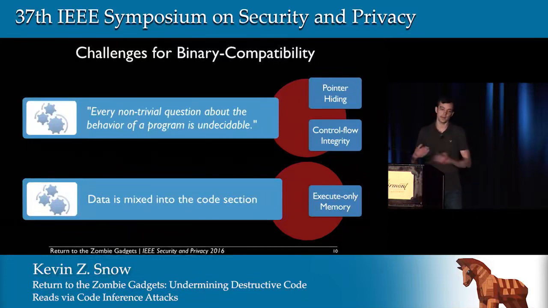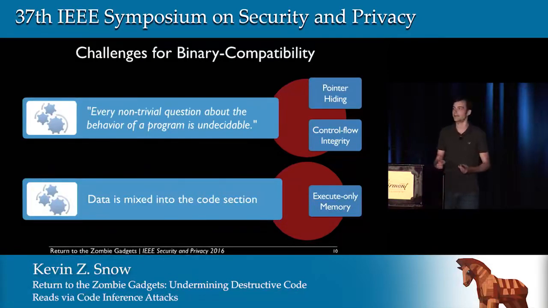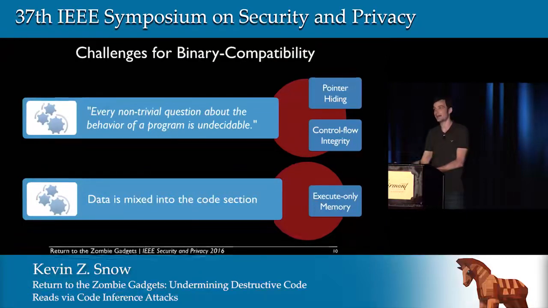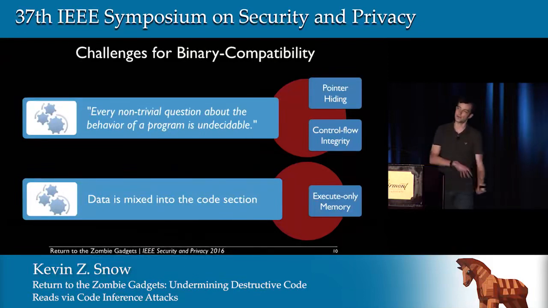Then you also have defenses that are trying to implement something called execute-only memory. And the idea here is that in these multiple memory disclosure attacks, the attacker needs to be able to read process memory to find the gadgets. So the idea is that, well, okay, code should not have data in it, so we should be able to mark every code region as non-readable, make it execute only.